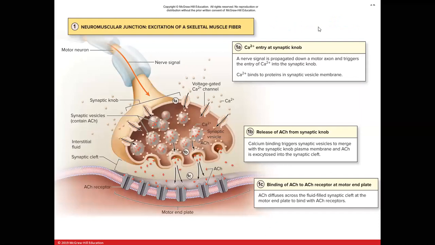If we take a look at this first phase, here we have our motor neuron, and here we have our synaptic knob and axon terminal. Within that axon terminal, we have a bunch of synaptic vesicles, and within them is contained acetylcholine. We have our action potential, which is our impulse or signal that comes from the brain down the axon, and it arrives at the axon terminal.